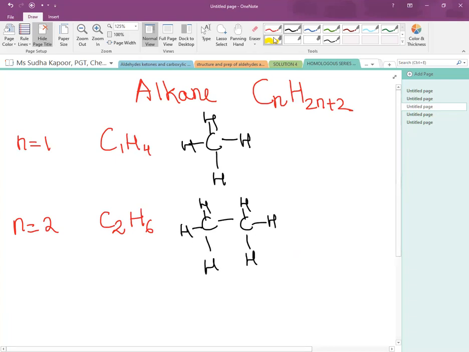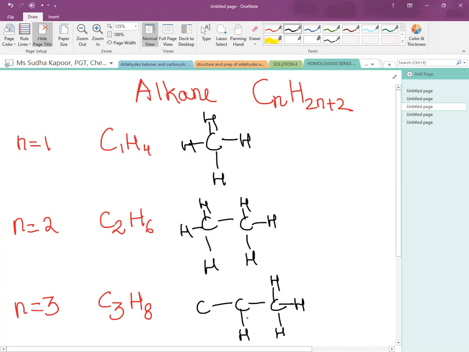Let us take another example. If n is equal to 3, the formula becomes C3H8. How can it be represented? We will draw 3 carbons continuously with the help of single bonds and complete the valency by hydrogen. Hydrogen is monovalent in nature. So what you have seen, in all these cases, we will continue the chain up to 4, 5, 6.